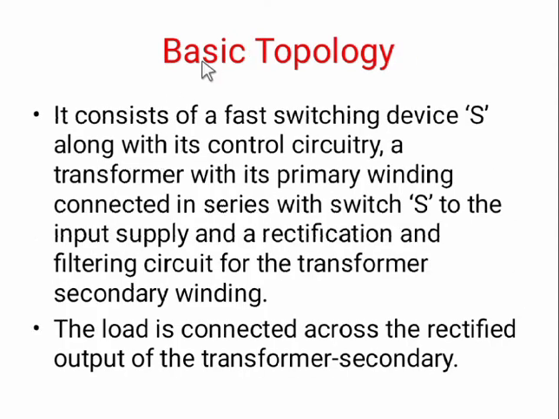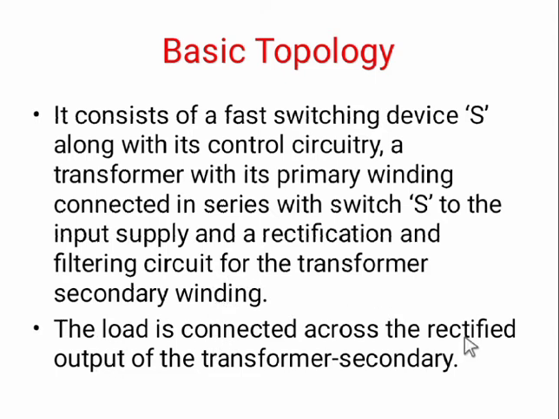The basic topology of the forward converter consists of a fast switching device, which is indicated by S in the circuit, along with its control circuit. That means the control circuit controls the switching of the semiconductor switch. A transformer with its primary winding is connected in series with the switch S to the input supply, and the rectification and filter circuit are connected to the secondary winding.